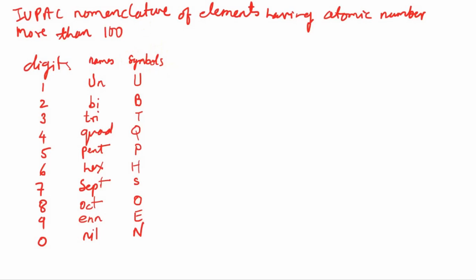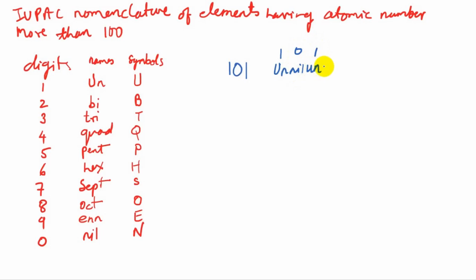So how is it used? Let's see. Suppose I say any atomic number more than 100, which means 101. When I take this, we name according to this only. It is 1, so I will write down UN. Then 0, I will write down NIL. Then again it is 1, which means UN. Un, nil, un.